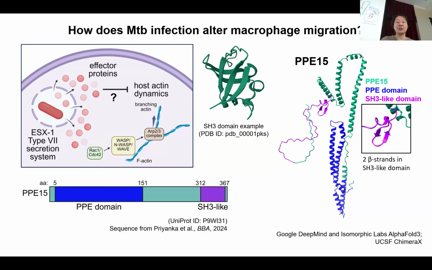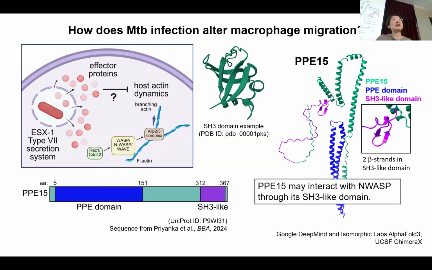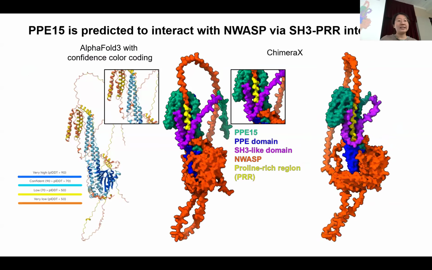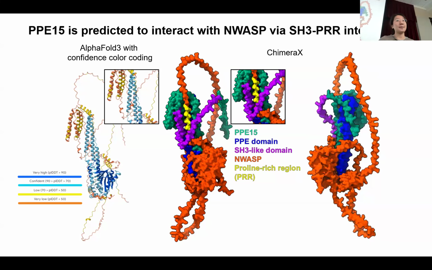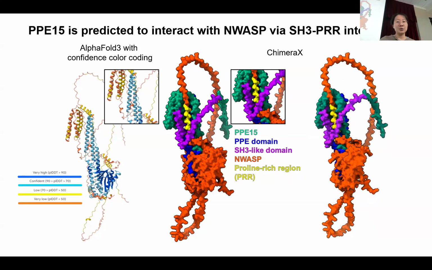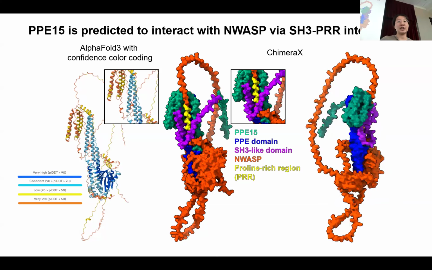So using the AlphaFold3 server to get a sense of PPE15's predicted structure, I noticed that there are two predicted beta strands early on in the SH3-like sequence. Therefore, I hypothesized that PPE15 may interact with NWASP through its SH3-like domain. To see what an interaction between PPE15 and NWASP might look like, I used the AlphaFold3 multimer prediction server.